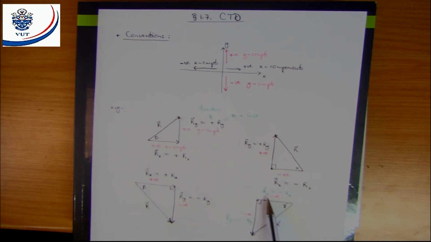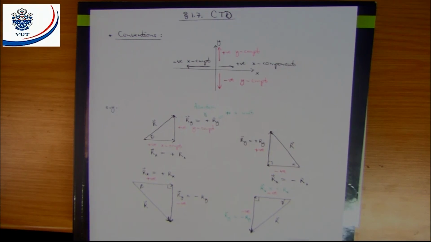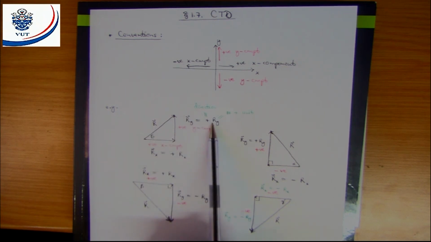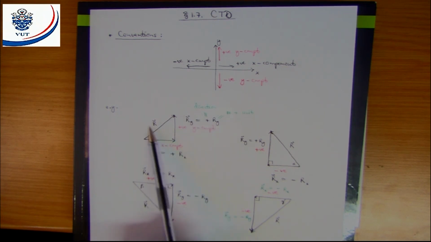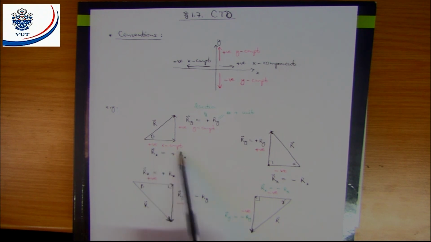And of course we can have a case where both x and y components are negative, and finally where the x component is negative but the y component is positive. Okay, so now the question we would like to answer is, what is the x component in terms of the vector r and theta, and what is the y component in terms of the vector r and theta.